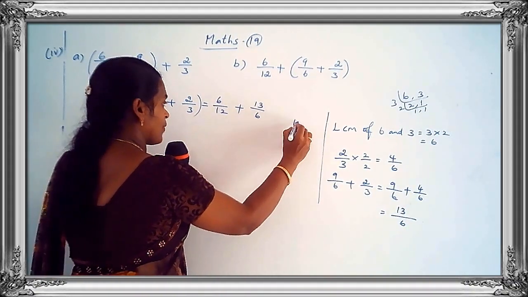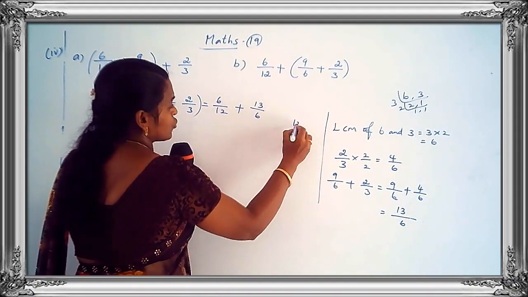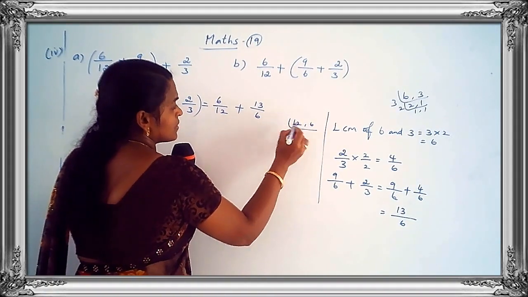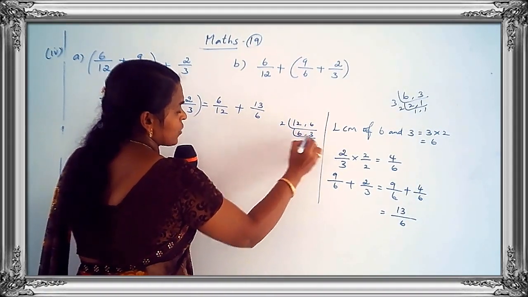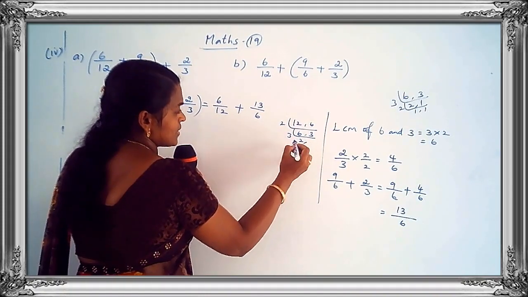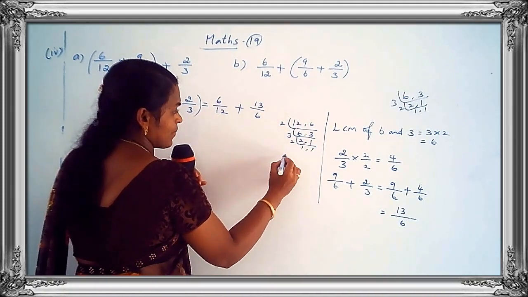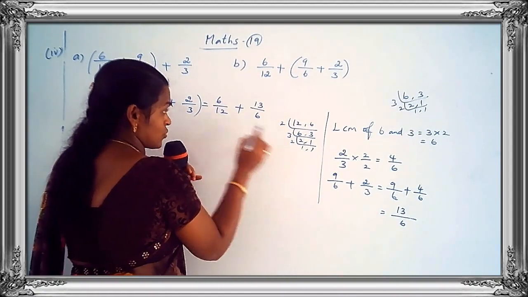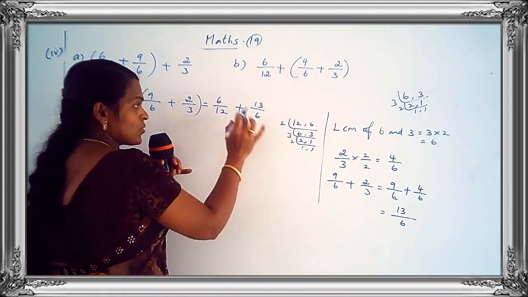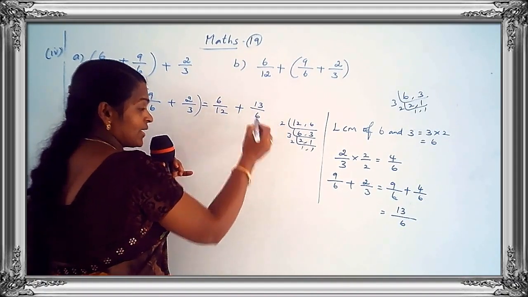Yes, the LCM of 12 and 6: 2 table, again 3 table, it is divided by 3, so 1, again 2 table, so your LCM is 2 3s are 6, 6 2s are 12. Already 12 is there, so leave it. Now the next rational number, 13 upon 6.